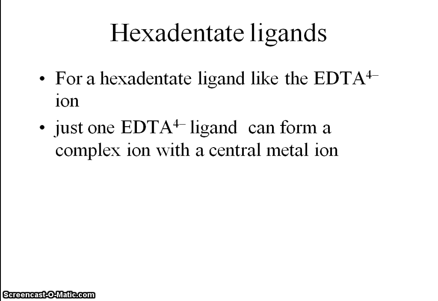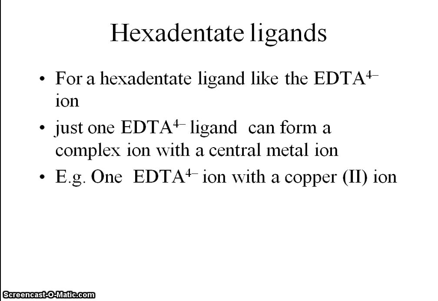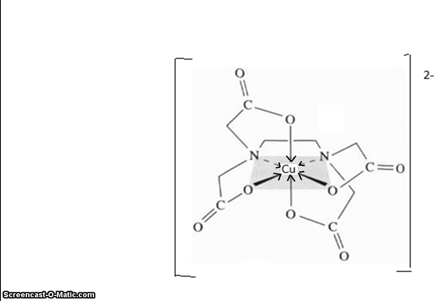So one ligand molecule can form a complex with a central metal ion. So in this case, let's take a look at one EDTA ion ligand with copper 2+ ion. And the formula showing the metal first, copper, and then the bracket EDTA is sufficient, and then close bracket, and the overall charge: copper 2+ with 1 EDTA 4-, overall is 2- charge. And here's the structure.